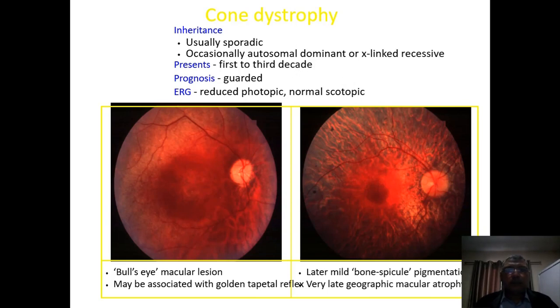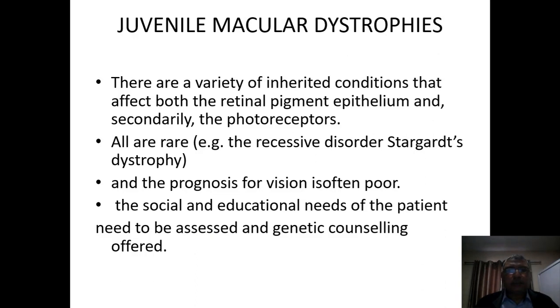The next dystrophy is called cone dystrophy. It is dystrophy in the cones in the region of the macular area. And next we have the juvenile macular dystrophy, which is a variety of inherited conditions that affect the retinal pigment epithelium and photoreceptors.